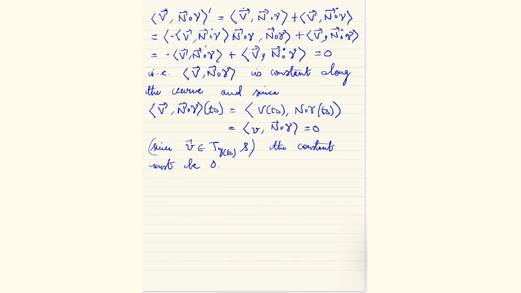This constant being 0 means that v is orthogonal to the normal, so it's tangential.